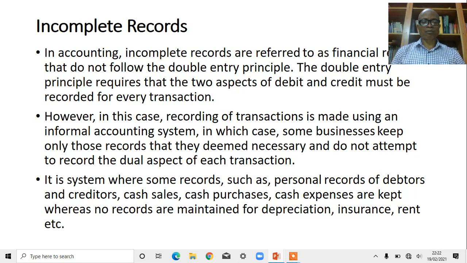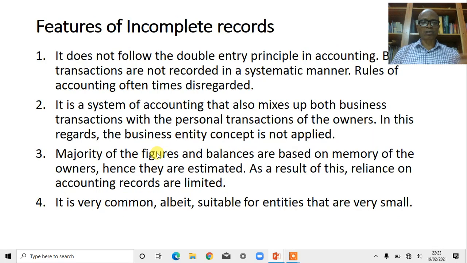But when we talk about incomplete records, we're talking about records being kept in an informal accounting system, in which case some businesses keep only those records they deem necessary and do not attempt to record the dual aspect of each transaction. So in some cases, only personal records of debtors and creditors, cash sales and purchases and cash expenses are kept, whereas there are no records for other transactions. That is what we talk about here.